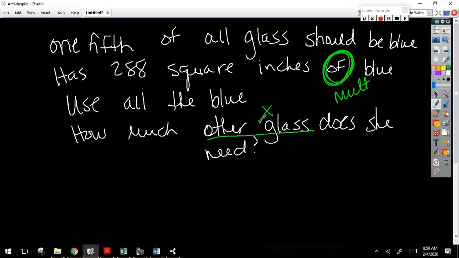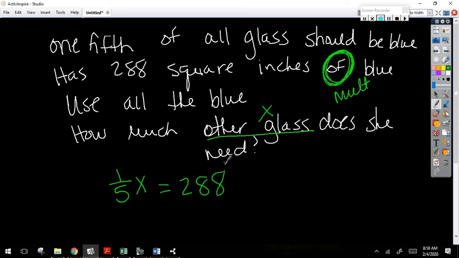How do I write that? 1/5 x. What does it equal? 288. That's how much she has.